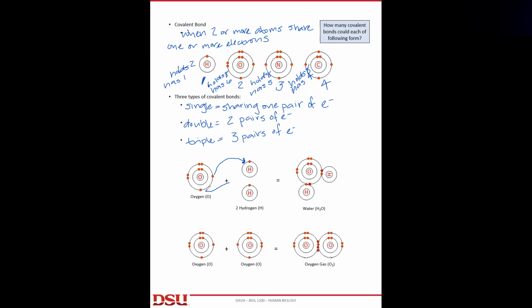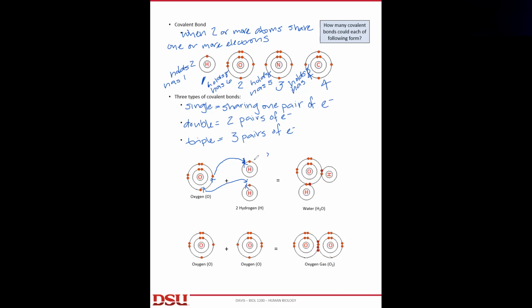And then we're going to share this one, which is going to give oxygen its 8 on the outside. And hydrogen will have its second. I apologize because I'm not counting the electrons well. When hydrogen bonds with oxygen, it's its 6th electron. You kind of think of it as being right here. And then when it shares this electron, we get its 8th, which you can kind of think of as being the X, how they're sharing. That's what makes up water.